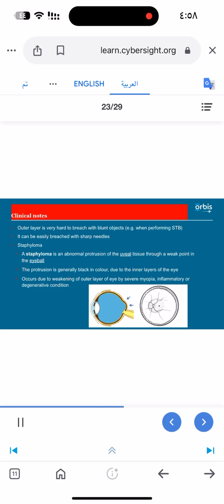A staphyloma is an abnormal protrusion of the uveal tissue through a weak point in the eyeball. It appears generally black in color due to the inner layers of the eye being visible, and occurs due to a weakening in the outer layer, commonly caused by severe myopia or inflammatory or degenerative conditions.